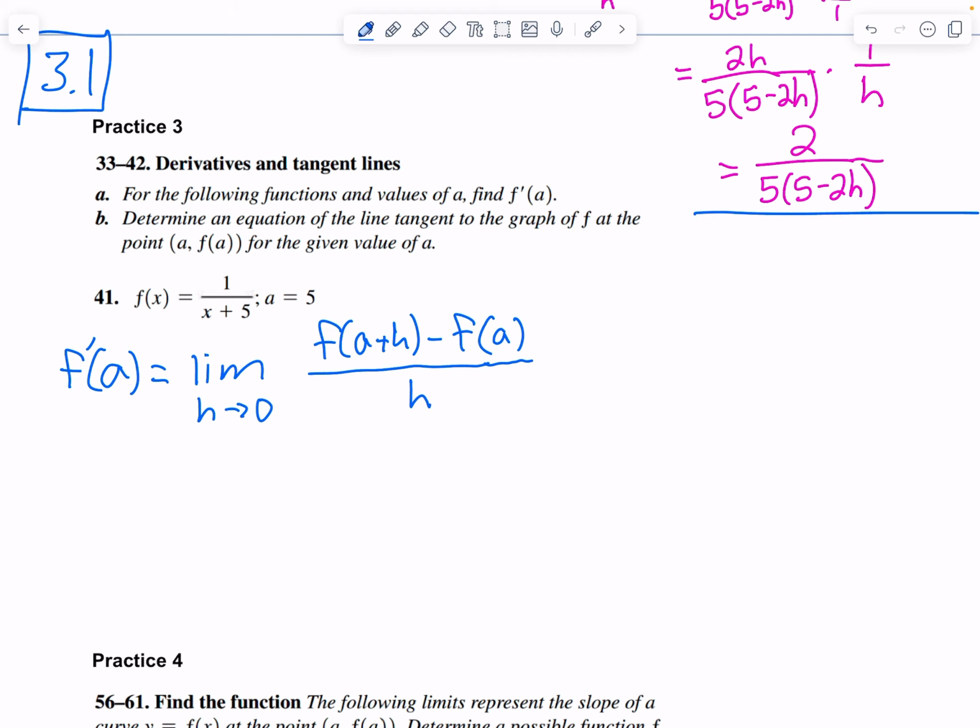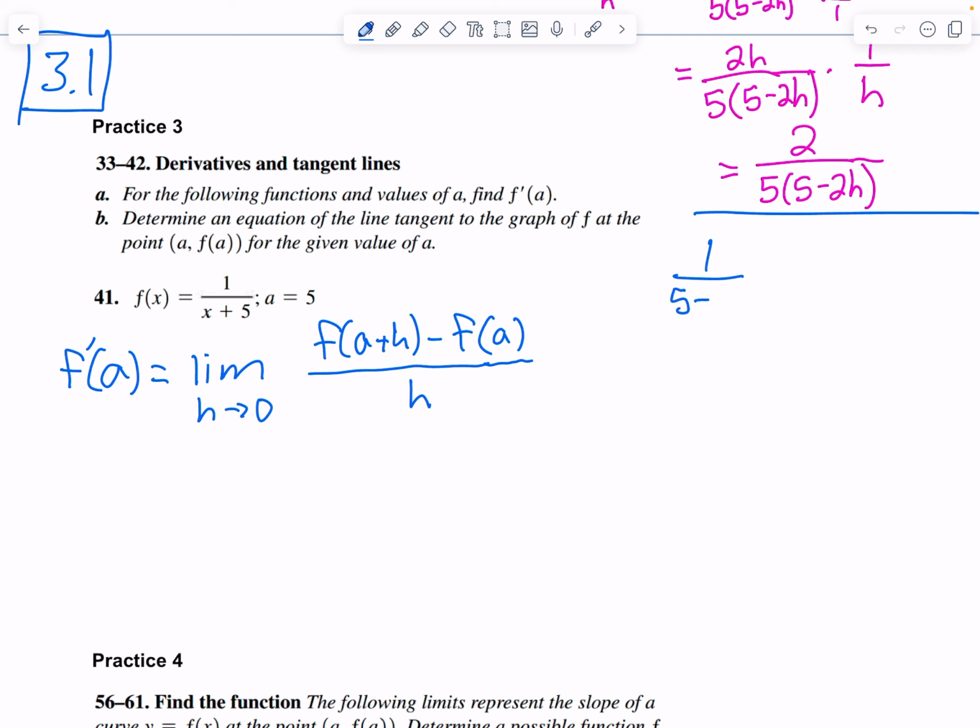This is one I'm definitely going to do off to the side. So 1 over a plus h, and let's go ahead and do a being 5.